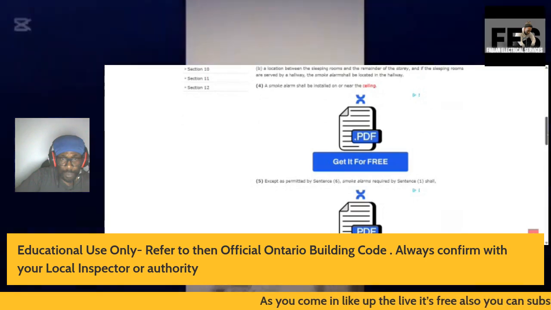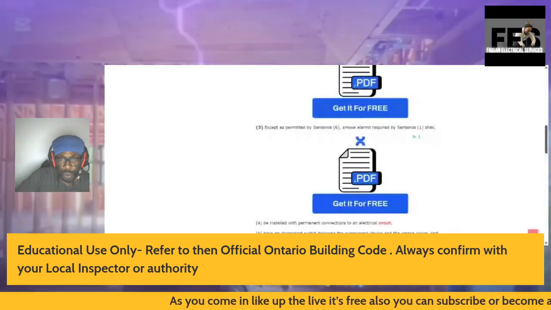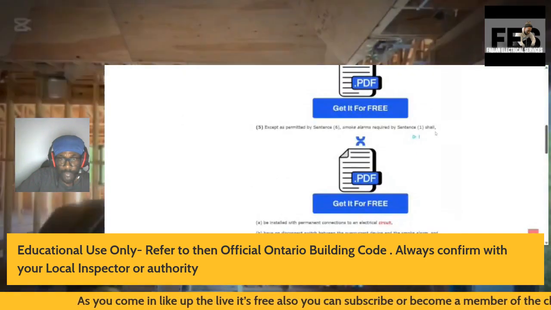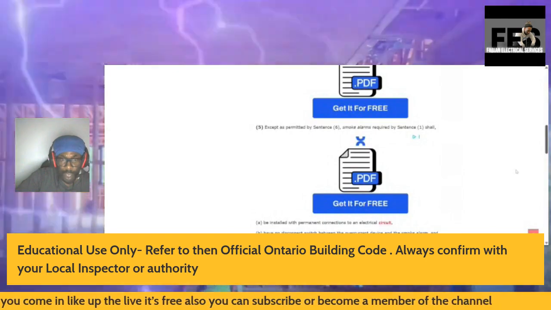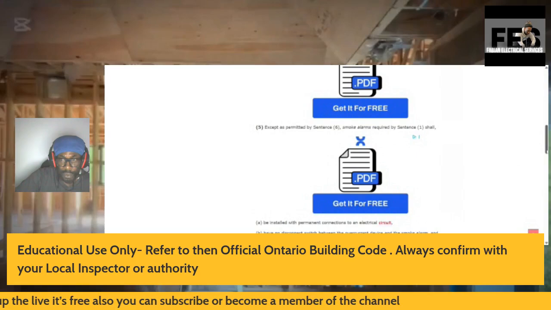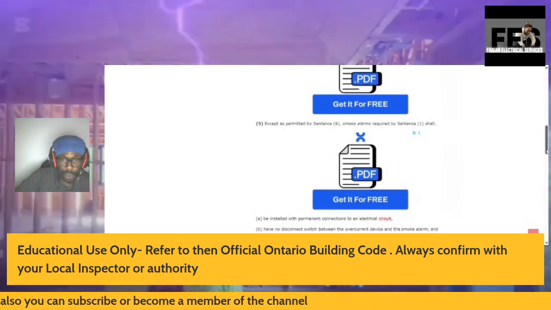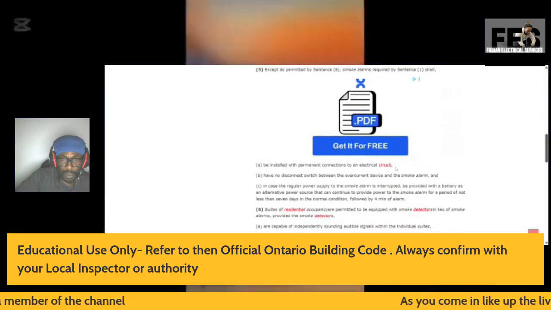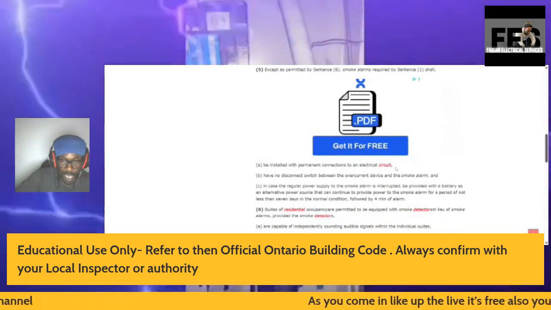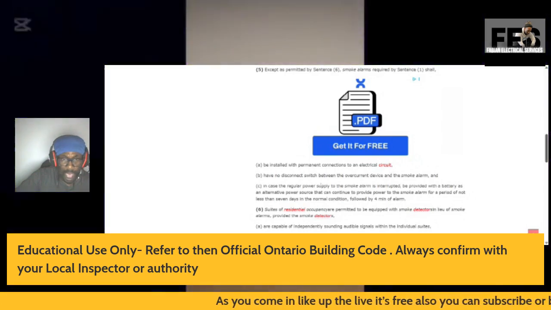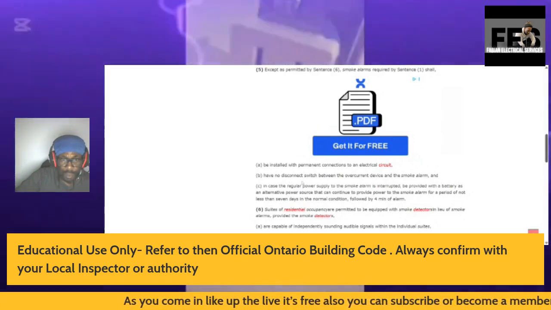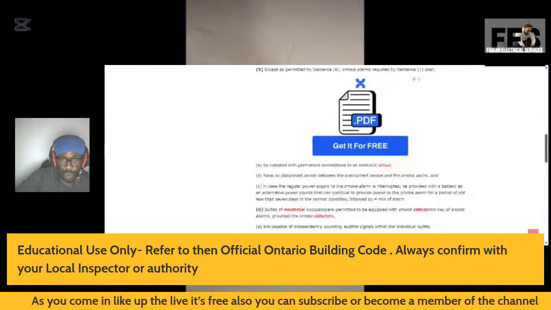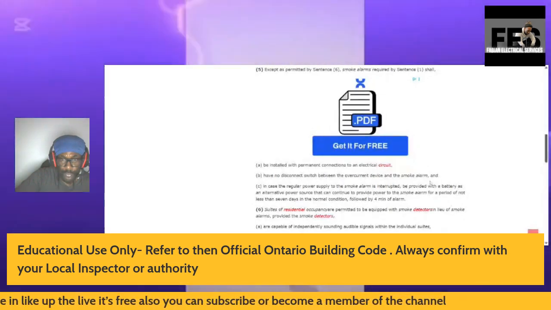Except as permitted by sentence 6, smoke alarms required by sentence 1 shall be installed with permanent connection to an electrical circuit. So again, installed with permanent connection to an electrical circuit. That's the same thing as the lighting circuit. Have no disconnect switch between the overcurrent device and the smoke alarm.